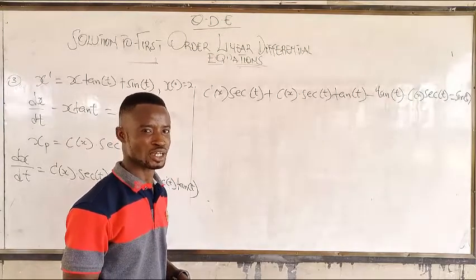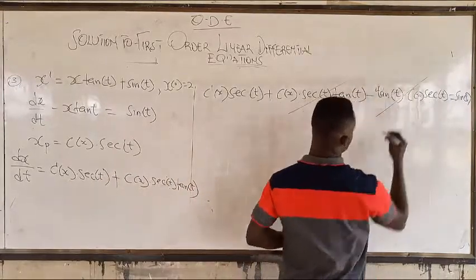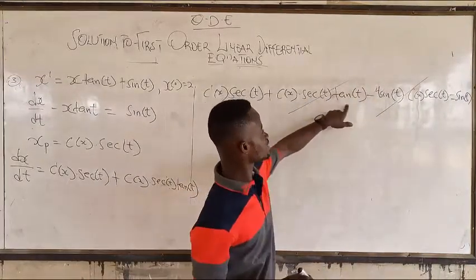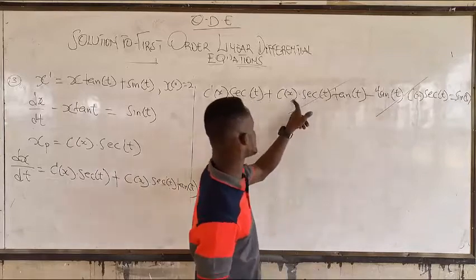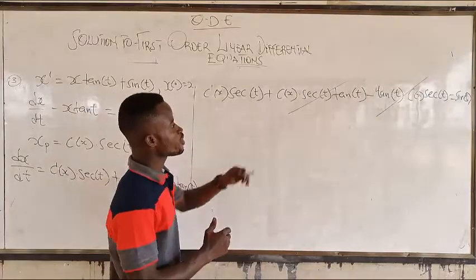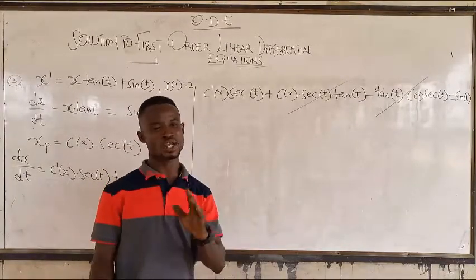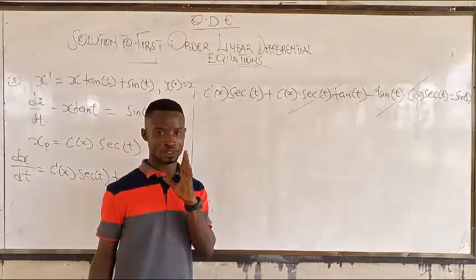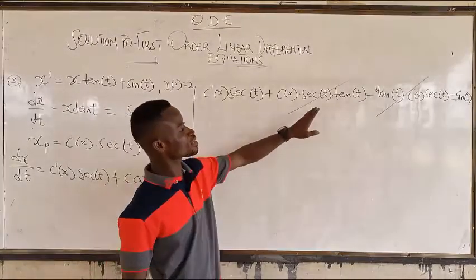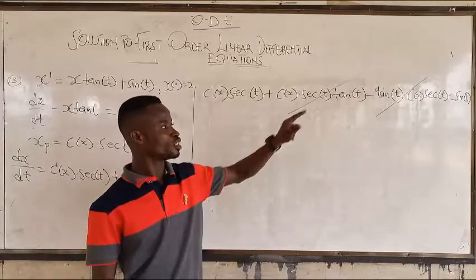If it's not like that, then something is wrong somewhere. This is the same as this. Okay? Sec t, cos of t, sec t, cos of t. In fact, always, when you get to this part, always, if only you truly did it well, something here will cancel something here so that you create the one in terms of C prime on the other side.